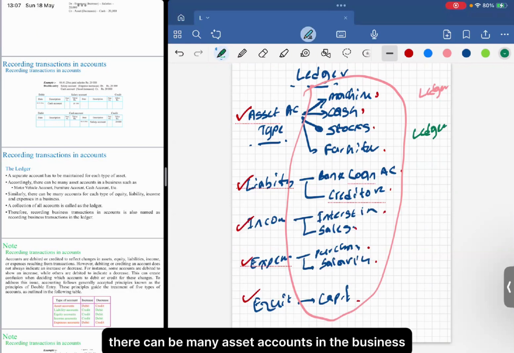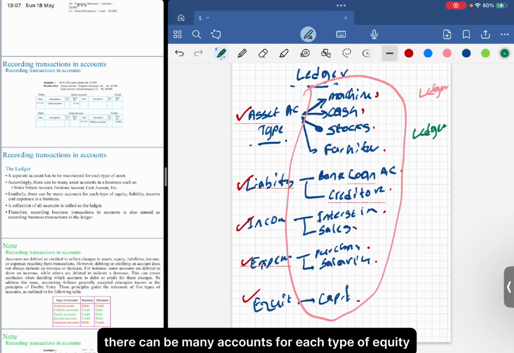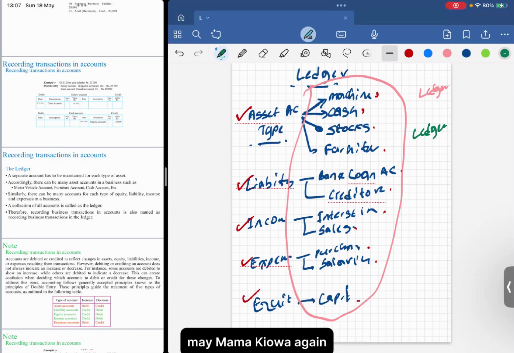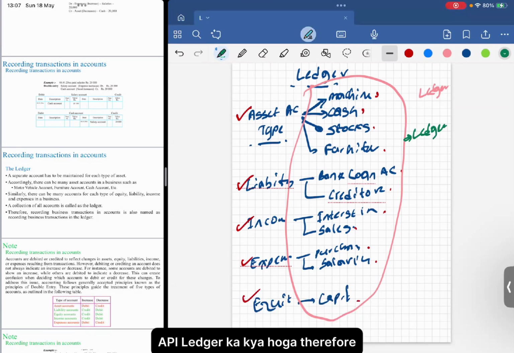Accordingly, there can be many asset accounts in the business, such as motor vehicle, furniture, cash, etc. Now, similarly, there can be many accounts for each type of equity, liability, income, and expenses in the business. Right? A collection of all the account is called the ledger.